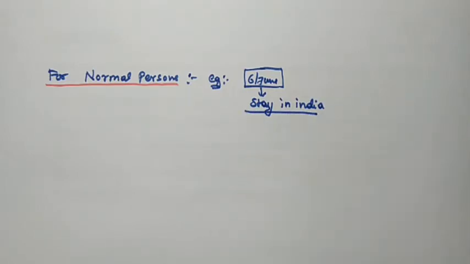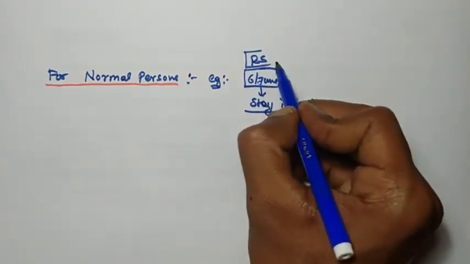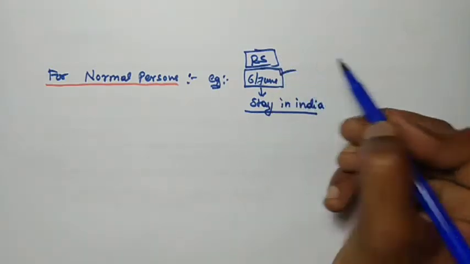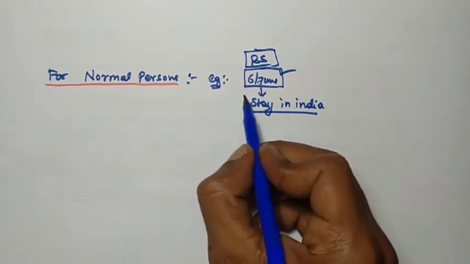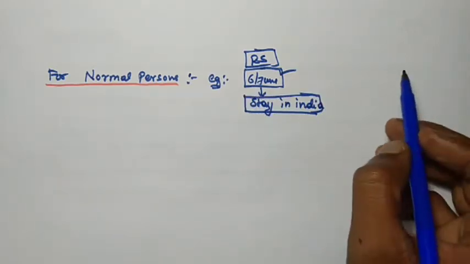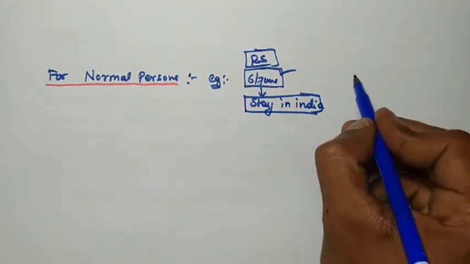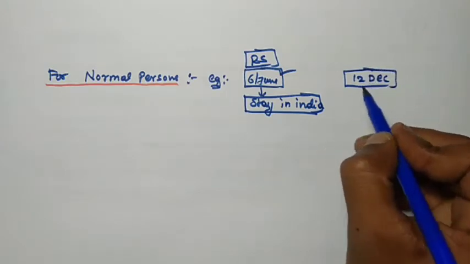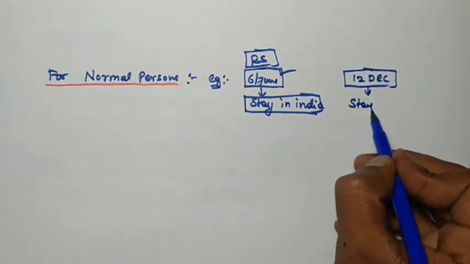It should be included in residential status. While calculating residential status of a person, we should include this date as stay in India. And if a person visits India, let's say on 12th December, this date is also considered as stay in India.